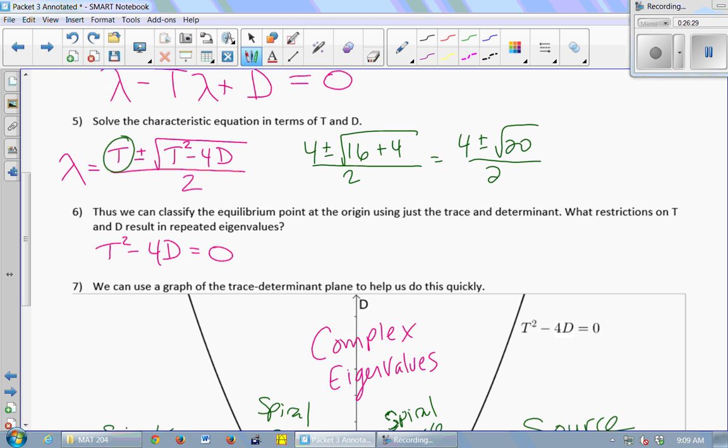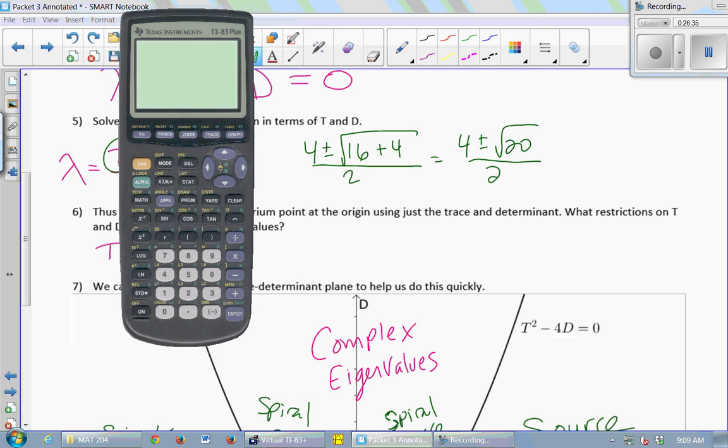Radical 20, what's that approximately? About 4.47. It's bigger than 4, right? So if I do 4 plus 4.47, I'm going to get a positive.